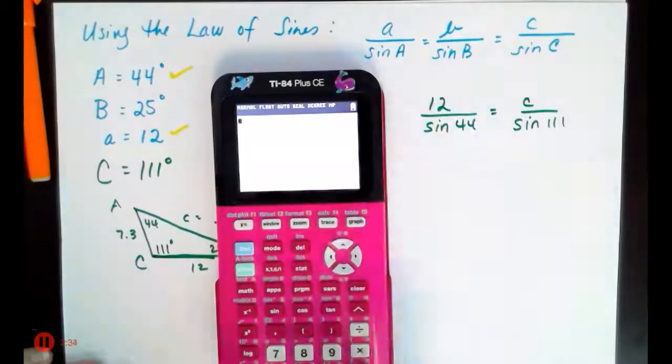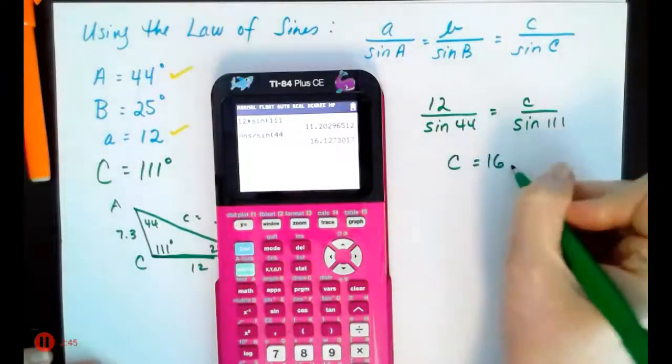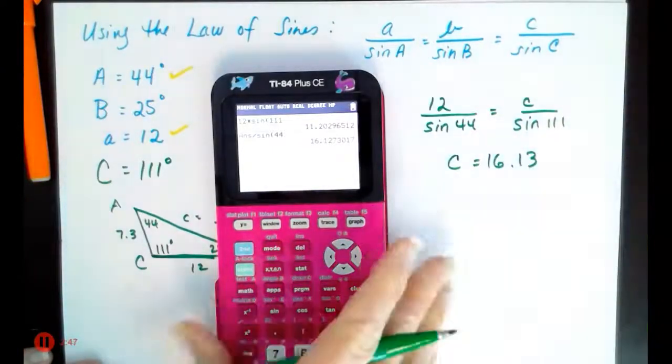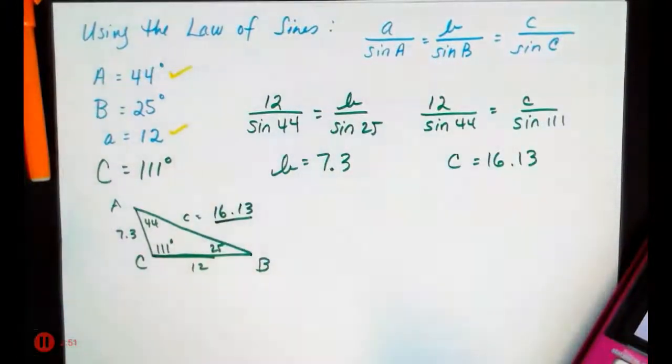So 12 times sine 111, and then divided by the sine of 44 gives us little c as 16.13.